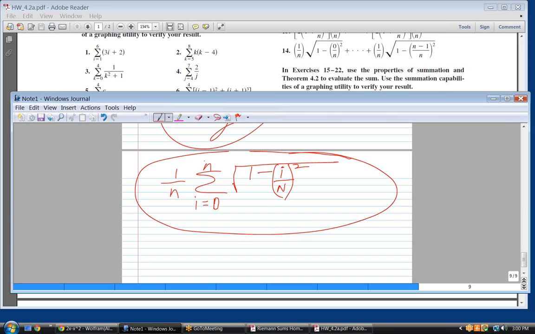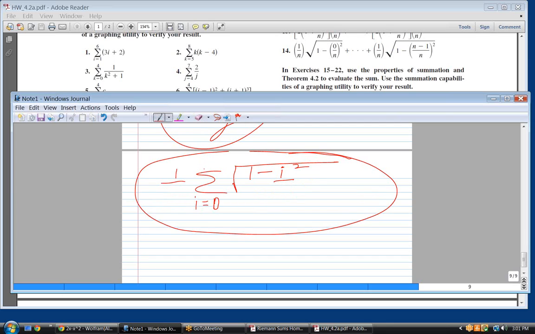So if n was 15 instead of n, then our last term would be 1 minus 14 over 15 squared. In fact, if n was 15, everything would be written like this. You with me? Yeah. But they don't pin it down. They don't want to pin it down to 15. They want to leave it open.